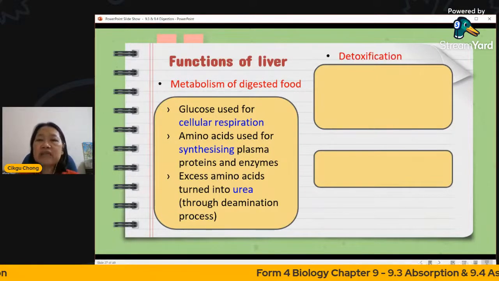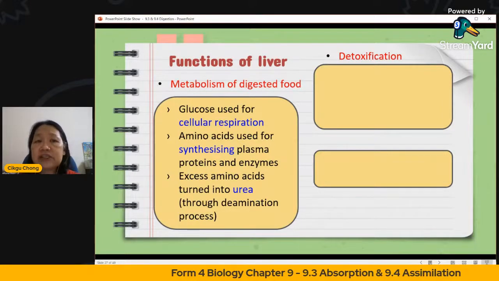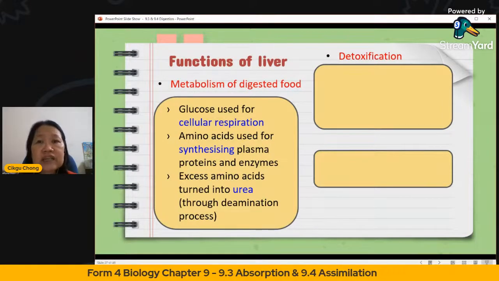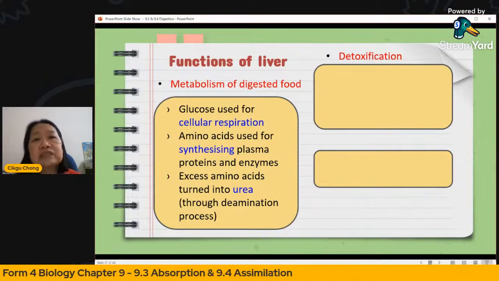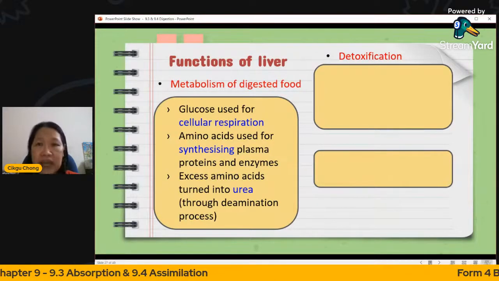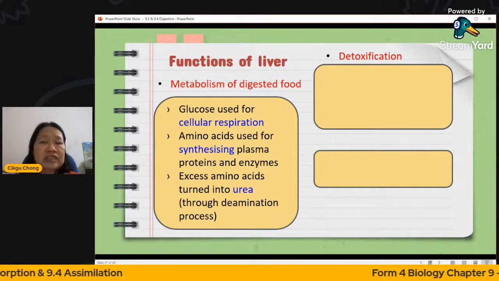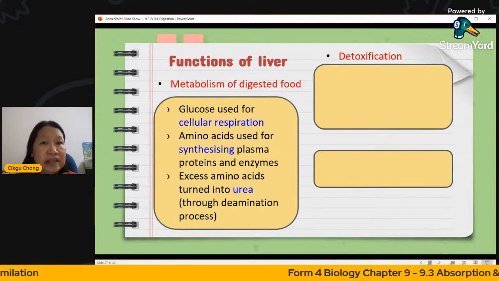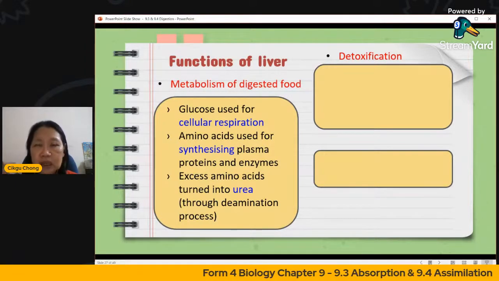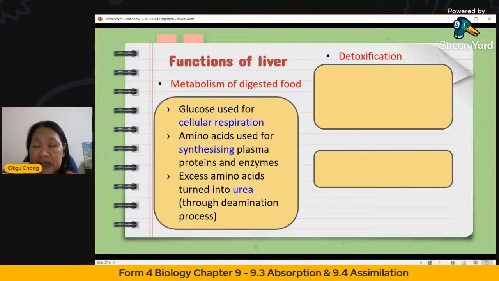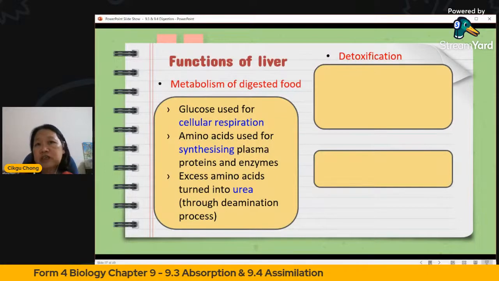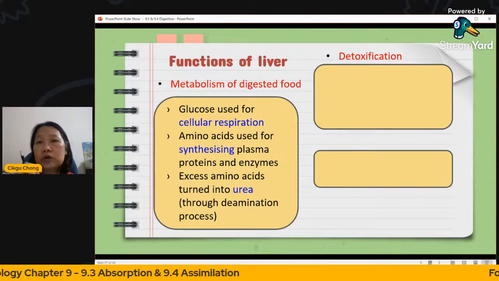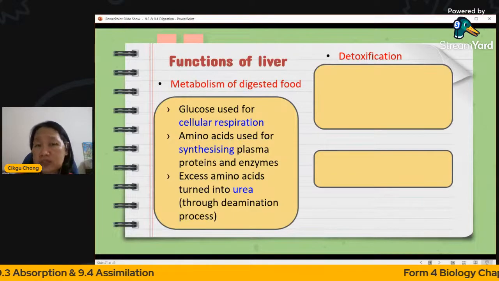Next, your liver also carries out the important function of detoxification. It breaks down the poison, whatever poison that you have inhaled or eaten, for example medication. If you're on medication, some of the medication finds its way into your blood because it's going to be transported into your cells. So it will enter your liver actually.